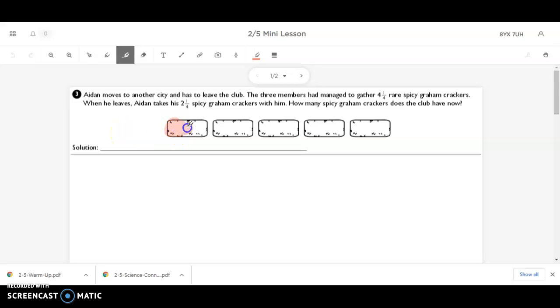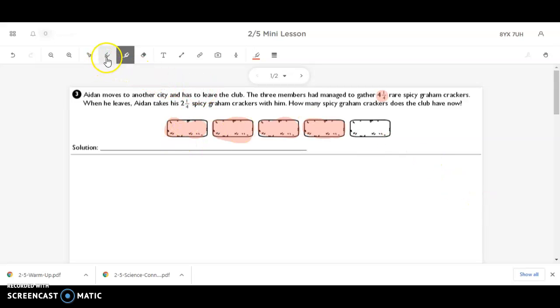We have 4. So you should be coloring this in with me. Excellent. So we have 4 whole numbers in our mixed number.